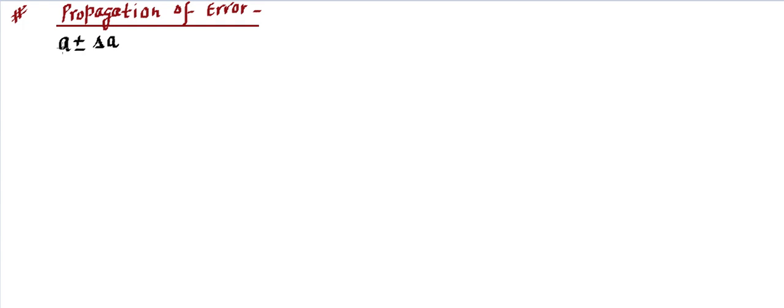It says that the value of the measurement lies between A minus delta A and A plus delta A. Here we call delta A the error and A the measured value.